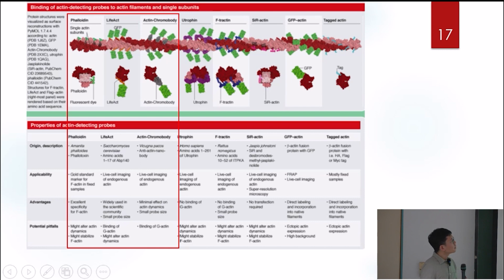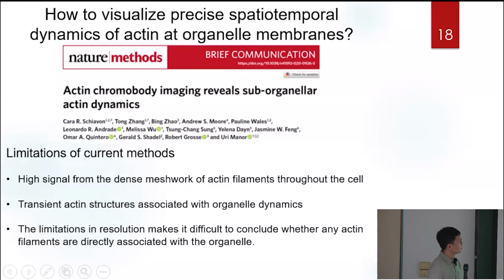Actin chromobody looks great, but it doesn't always apply to different cell types. For example, we tried to use actin chromobody in budding yeast, but we never saw any signals. So you have to try. But so far, I think these three are the most used methods to see the actin filament.